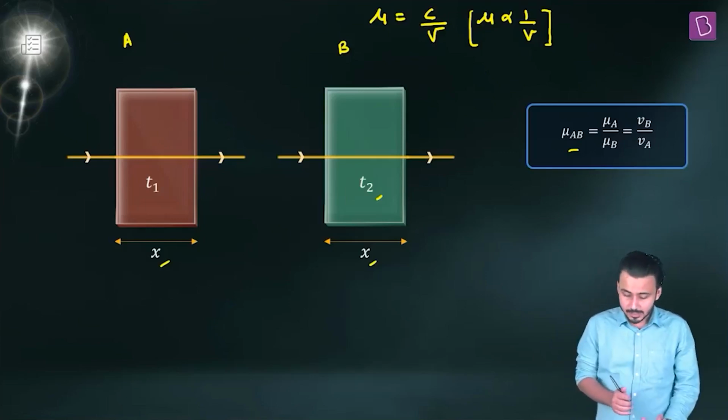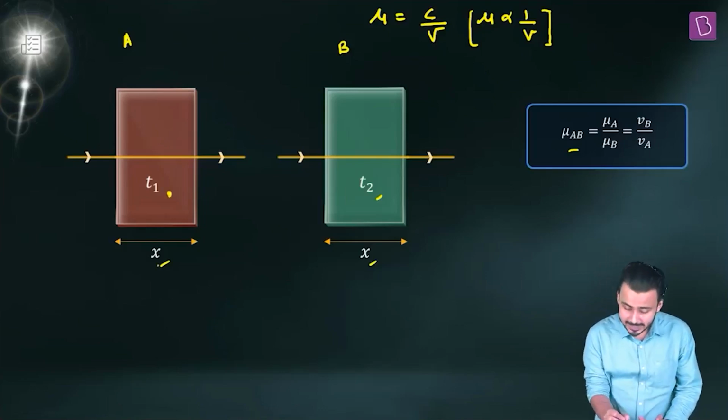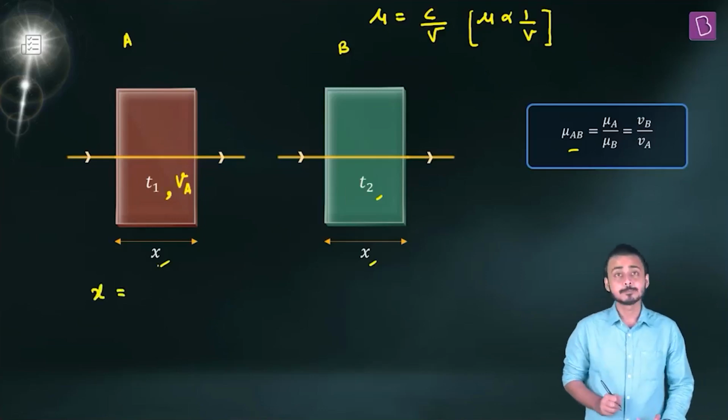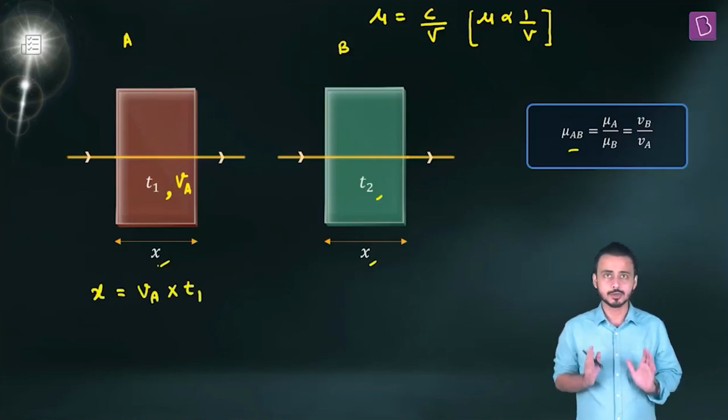What is the thing? In the first medium A, to travel the distance x, it takes t1 seconds, with the speed VA. Correct? So x, that is the distance, is equal to speed, which is VA, multiplied by t1. Can I say that? Of course, sir. No problem till now.